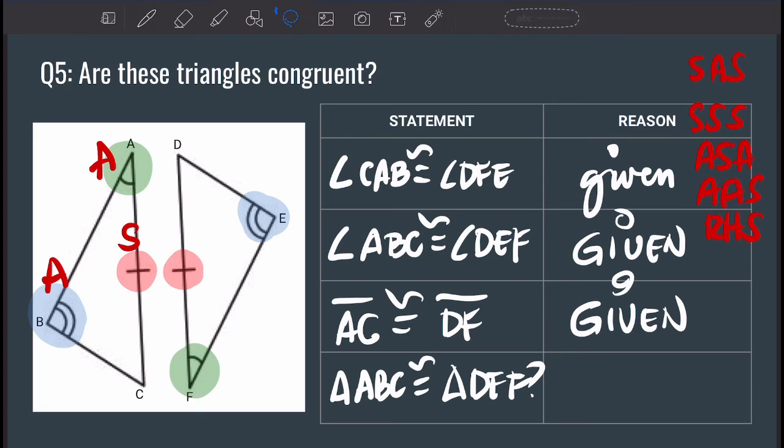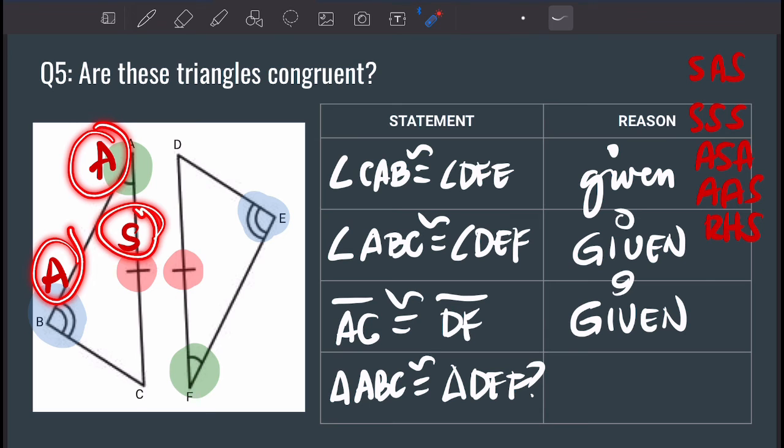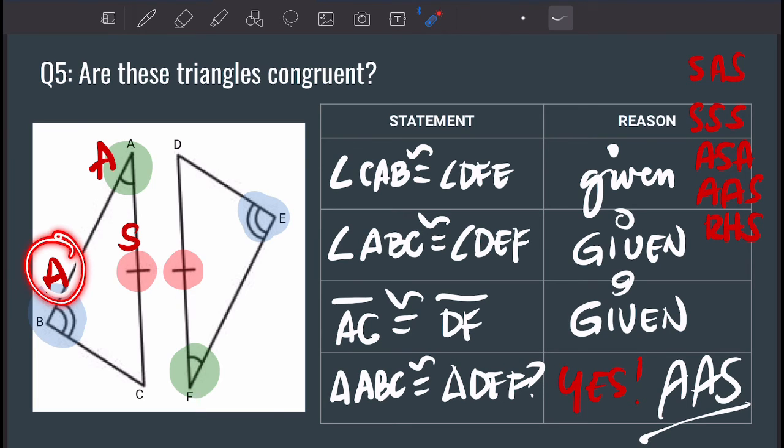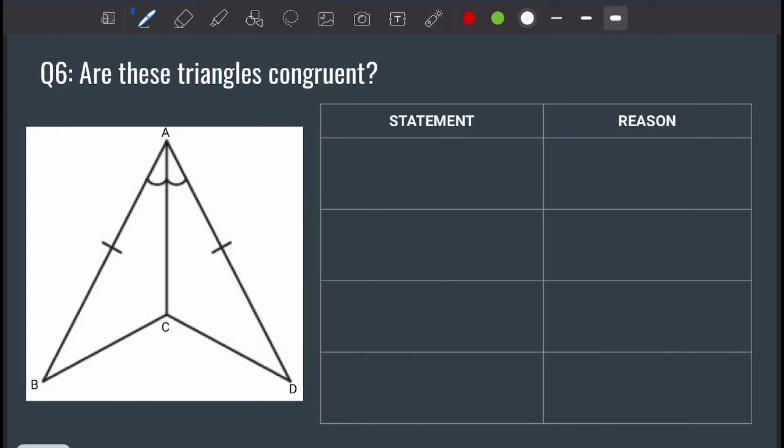So which one? Angle, angle, side. So are those triangles congruent? Yes. What is the reason? Angle, angle, side.